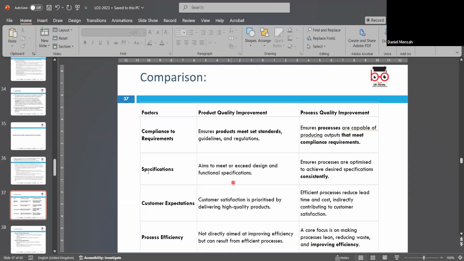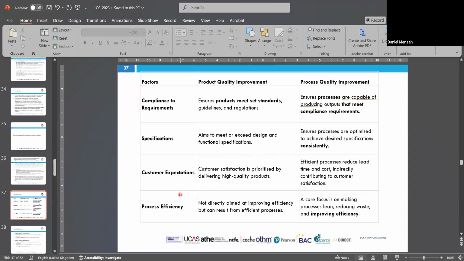Process quality works around optimizing processes, and at the same time tries to achieve the desired or set specification consistently. They want to bring consistency to your processes, so every time you make a product, it meets the same specific requirements and delivers the same product every time.